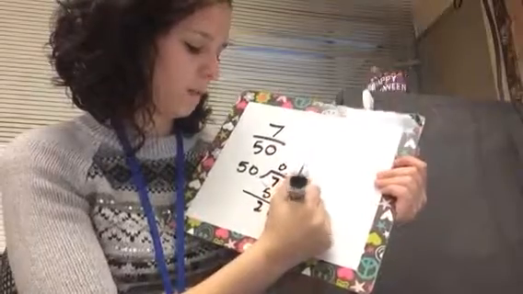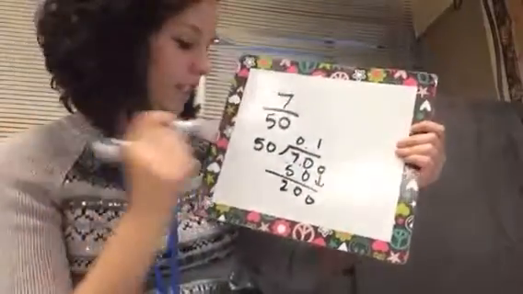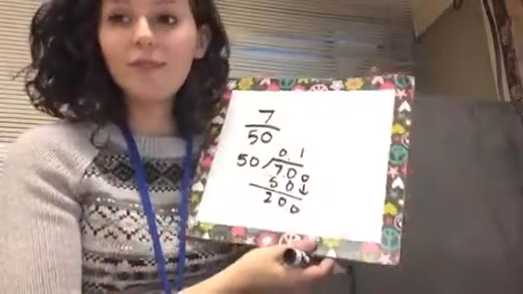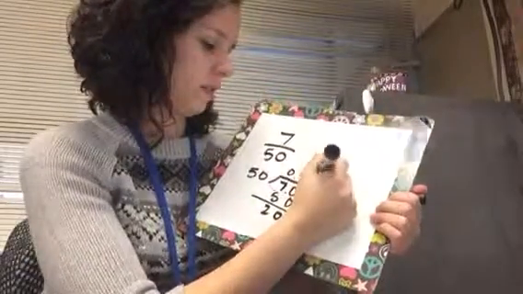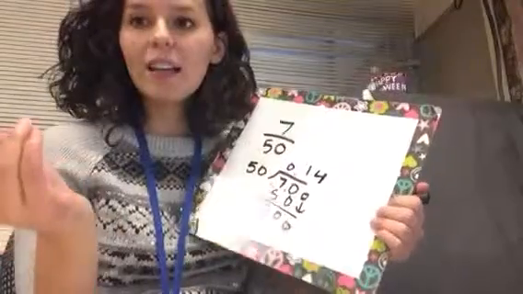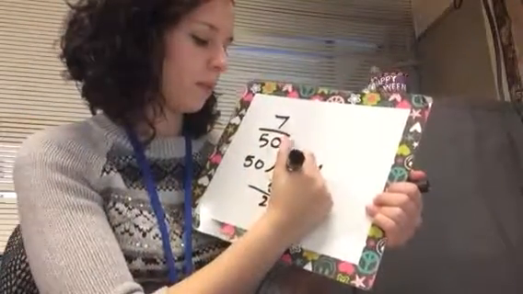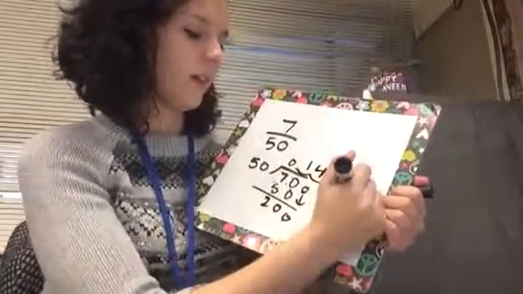Bring down a 0. 50 divides into 200, 4 times. And now that I have a decimal, I can easily find the percent by moving my decimal point over twice. And there we go, 14%, just like I got before.